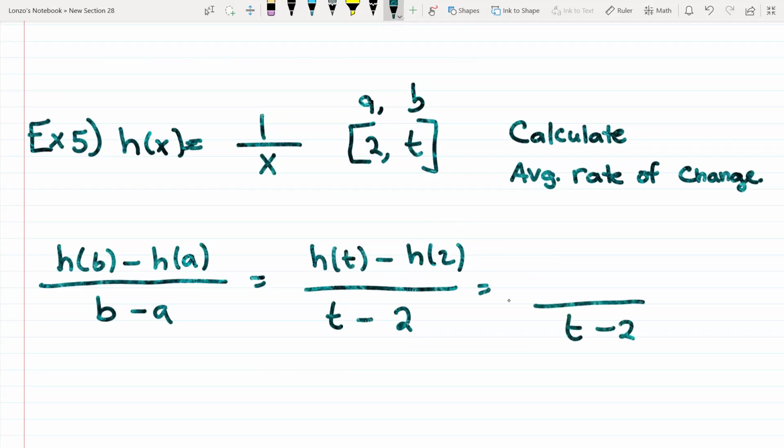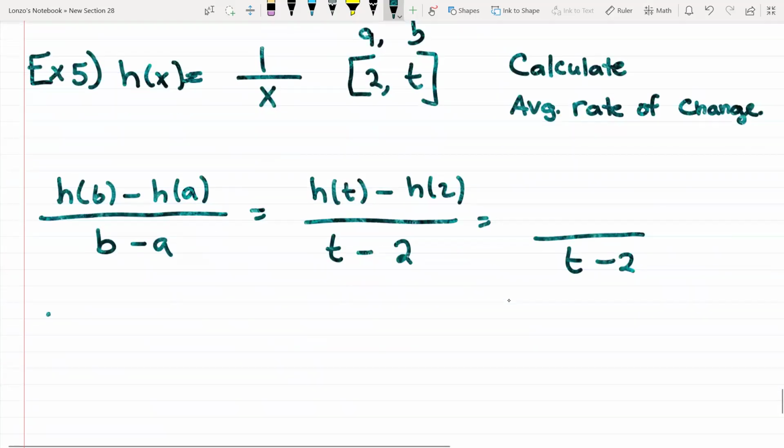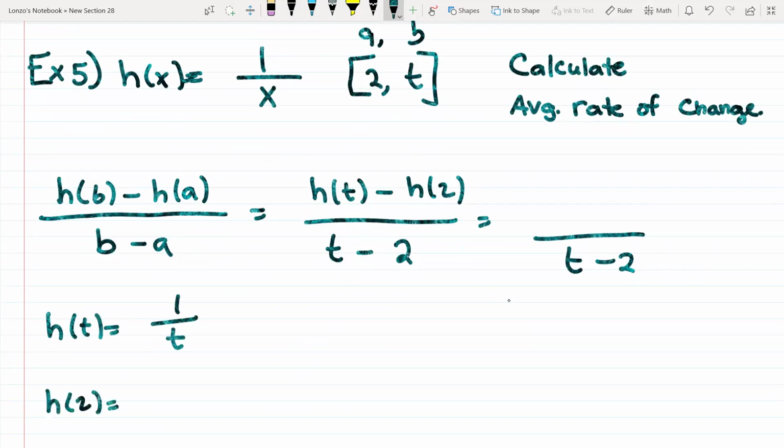The top, we've got to find h of t. h of t is 1 over t, and h of 2 is 1 over 2. So h of t minus h of 2 is 1 over t minus 1 over 2.